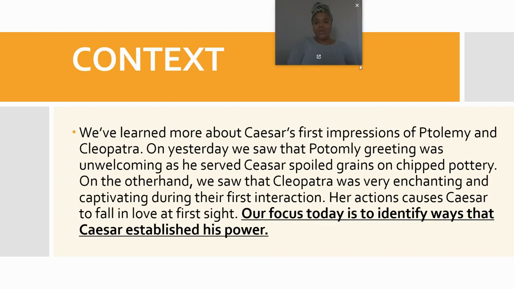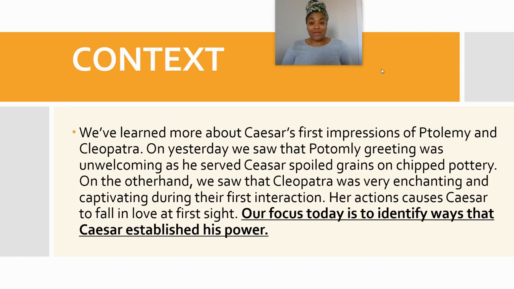So we need to give a little context. And context is simply putting together what we know so far and establishing what we need to know by the end of this lesson. So I'm going to read to you the context that's provided. We've learned more about Caesar's first impressions of Ptolemy and Cleopatra. Yesterday, we saw Ptolemy's greeting was unwelcoming as he served Caesar spoiled grains on chipped pottery.